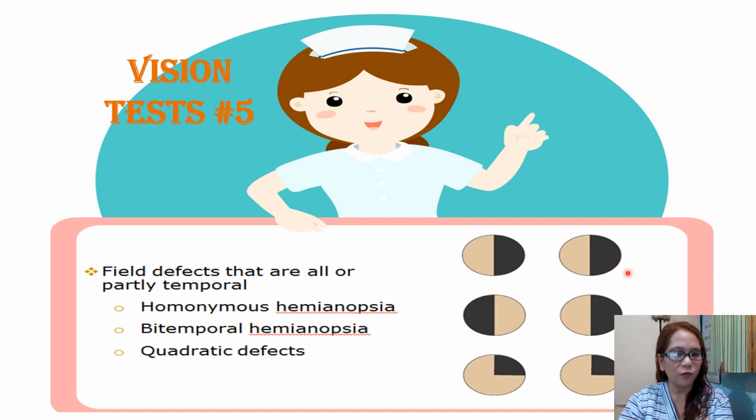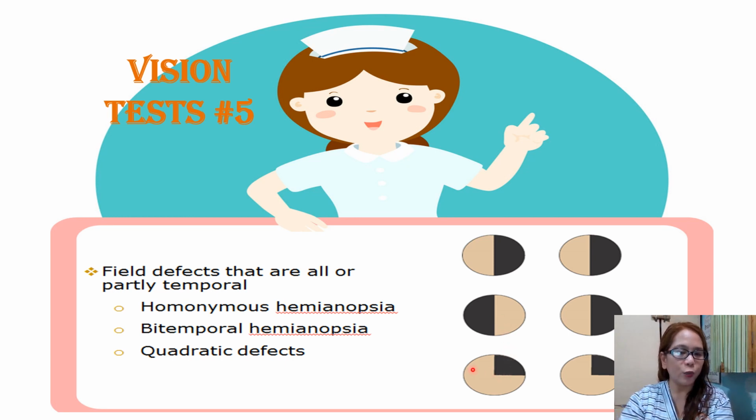Ayan, parehong right. Bitemporal hemianopsia refers to a partial blindness where the vision field is having a problem, okay, on the outer half, yan, outer half of both left and right eye, okay? So this is associated with lesions of the optic chiasm.